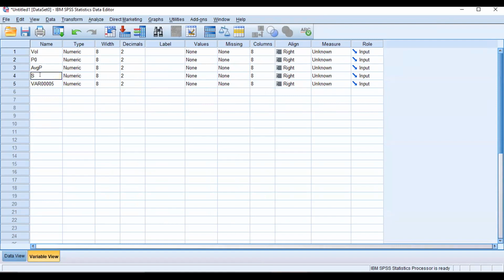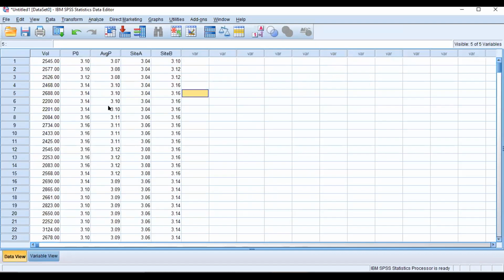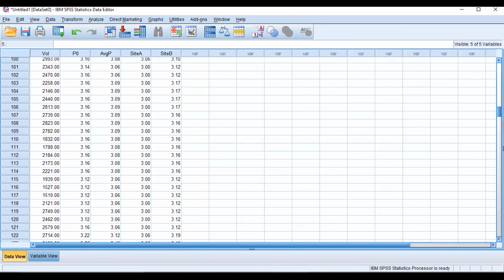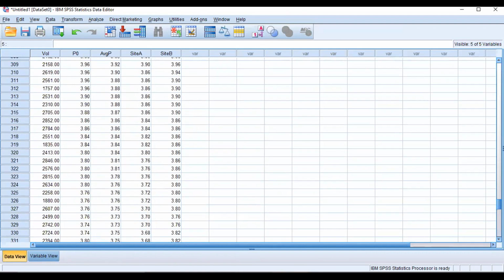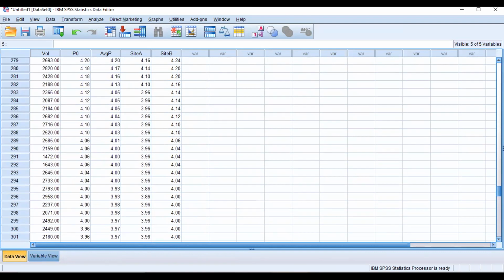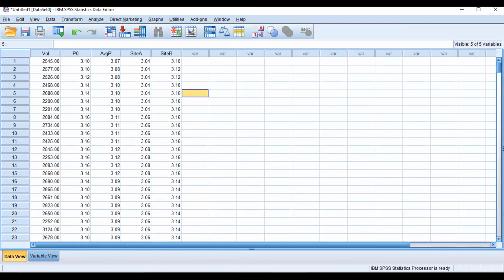The same company has petrol pumps at site A and site B. This is the explanation of our data set, and each and every variable is on a ratio scale. They are all measured on a quantitative scale, not on an ordinal or nominal scale. And we have enough data, 353 observations.